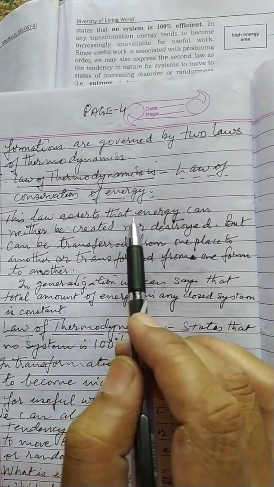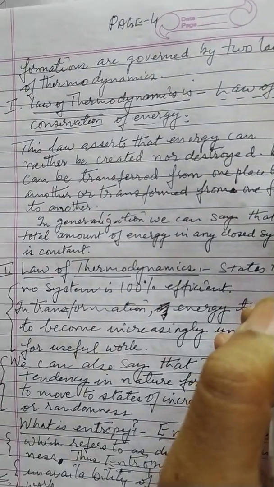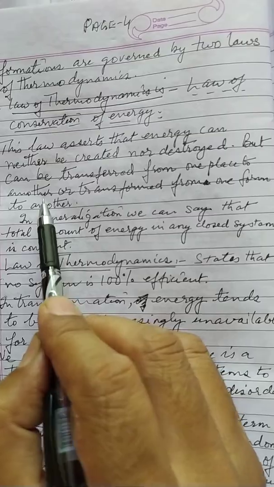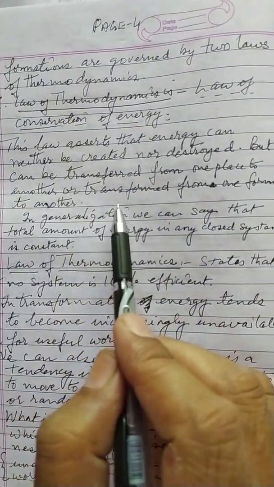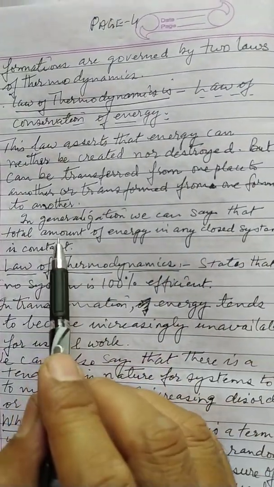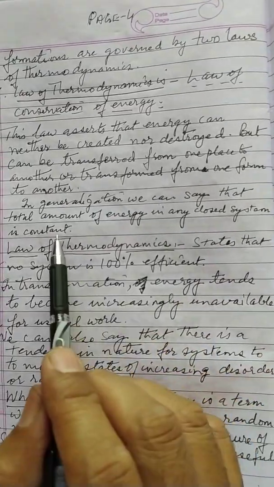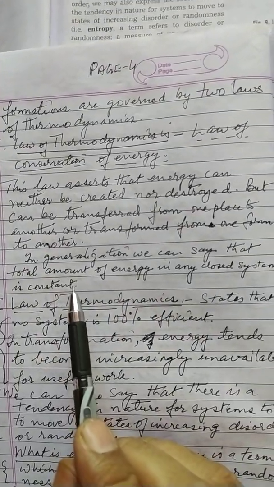This law asserts that energy can neither be created nor destroyed, but it can be transferred from one place to another or can be transformed from one form to another. In generalization, we can say that total amount of energy in any closed system is constant.